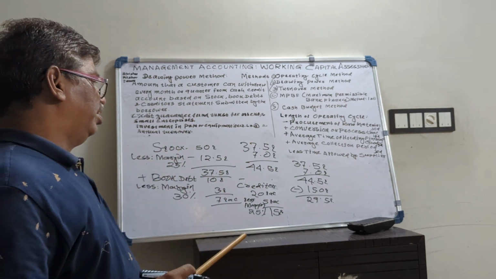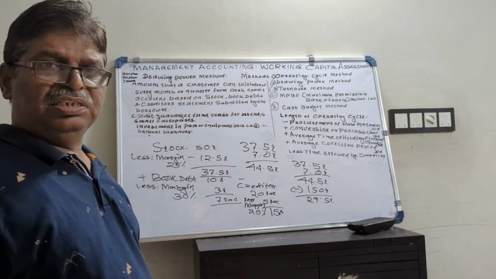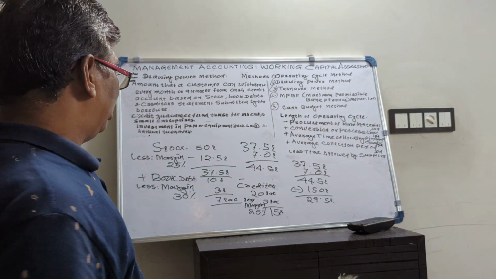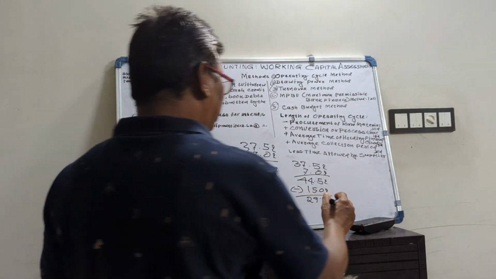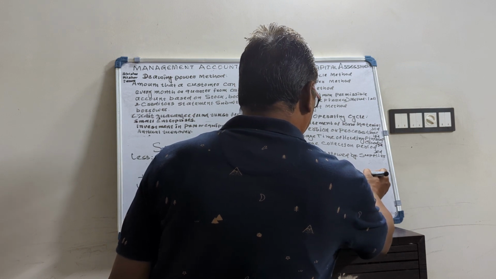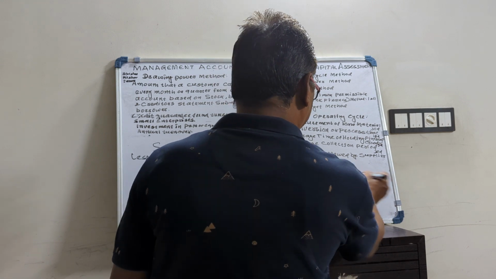You remember, the drawing limit is separate from the cash credit limit of any company or organization. In the cash credit, suppose the loan is sanctioned under the turnover method. Under the turnover method, 20% of sales, generally projected sales, is sanctioned.